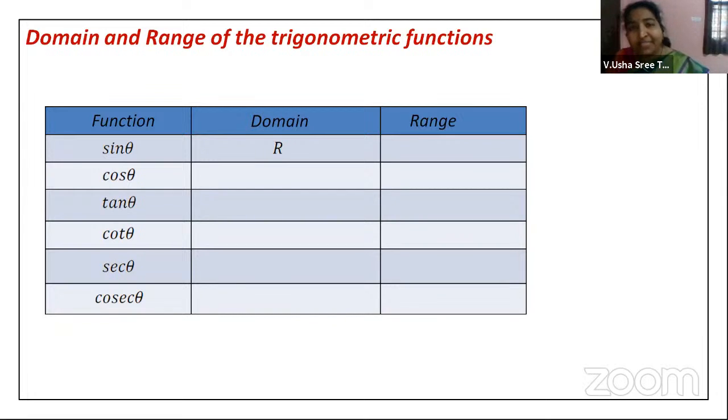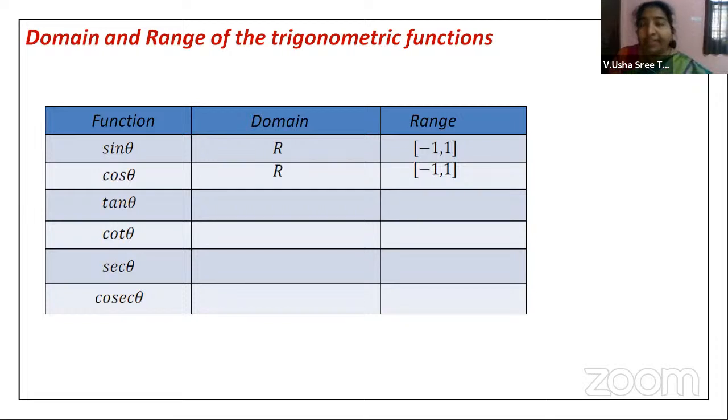It takes a maximum value of 1, and the minimum value will be minus 1. Therefore, the range is the closed interval minus 1, comma 1, right? Then cos theta also, all the real numbers you can take in the domain, and the range is the same, the closed interval minus 1 and 1.